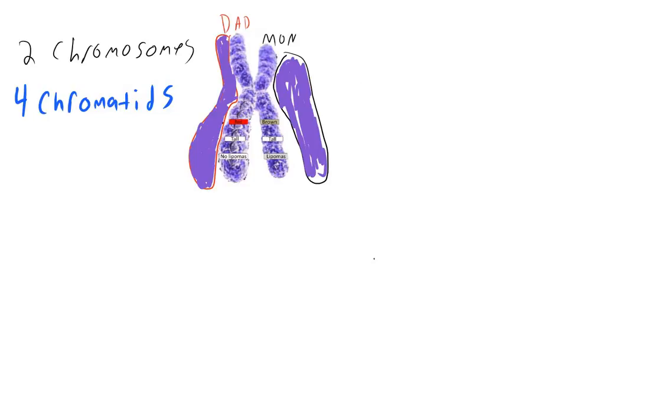Okay, so once again, if you're haploid, what that means is that this is an example of a haploid cell, only dad's information. And then if I circle only mom's information, that's another example of haploid. Even though there's two chromatids, there's only one chromosome in that green circle here.